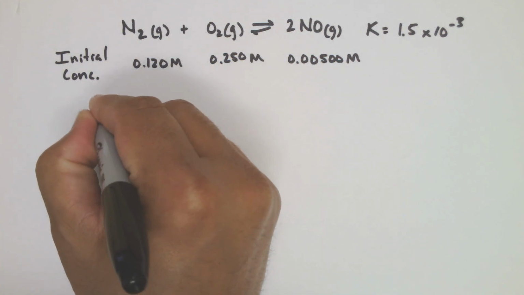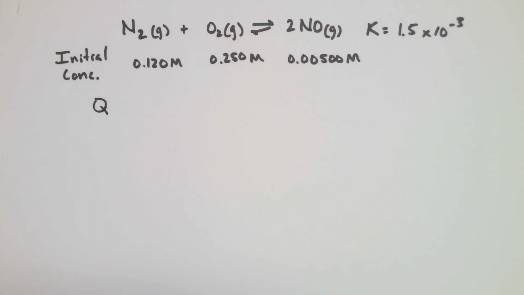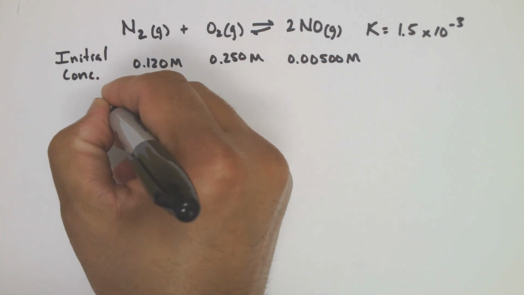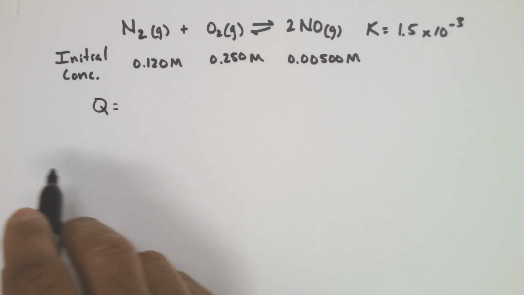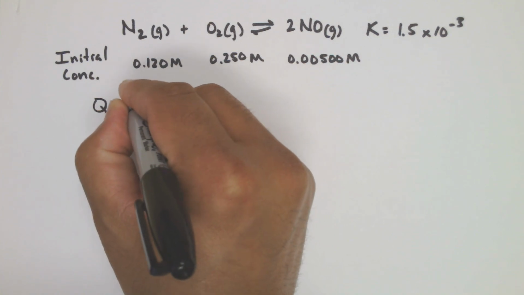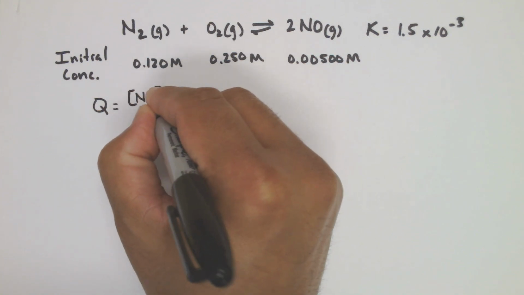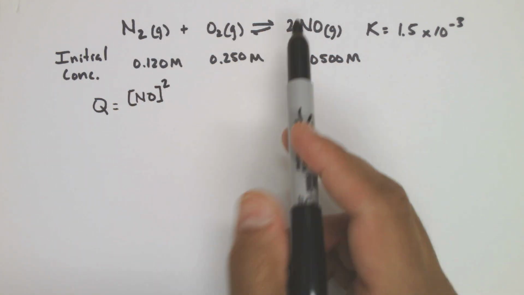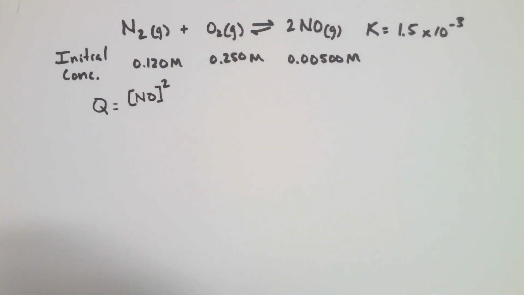We'll call it Q, and it's set up using the law of mass action. So essentially the same way that we set up the equilibrium constant expression. And the reaction quotient is the concentration of the products. In this case, NO is raised to the 2 because of the coefficient of 2.